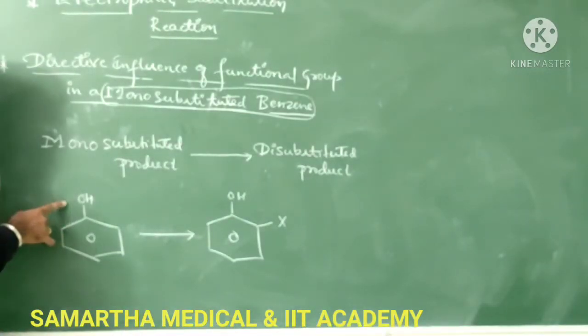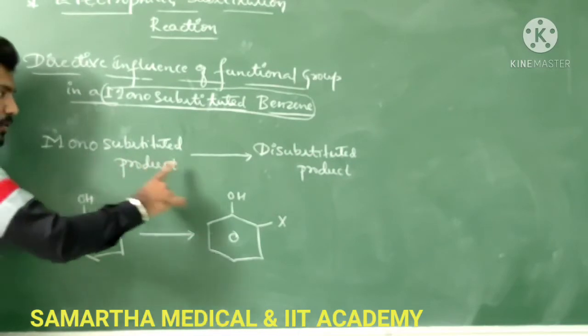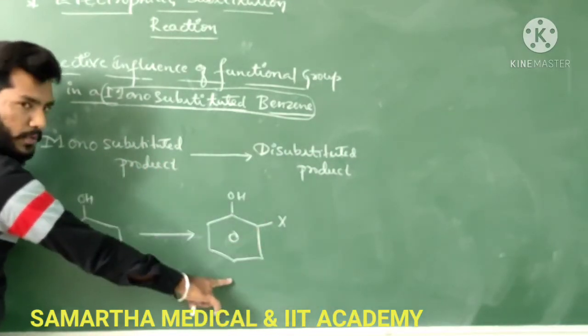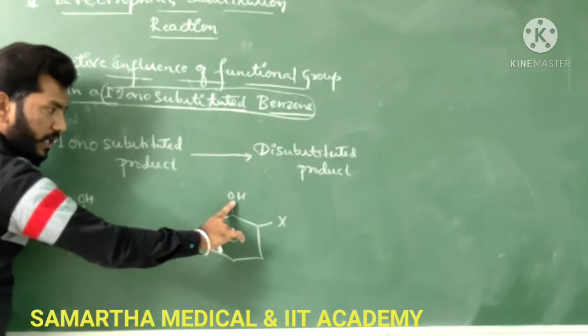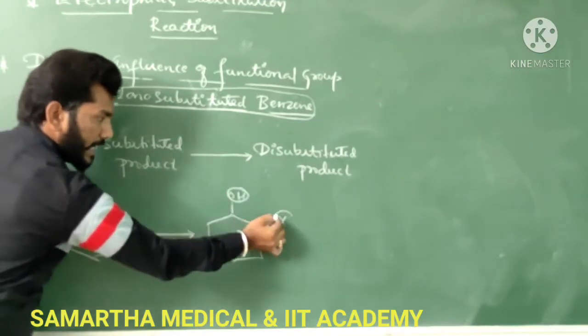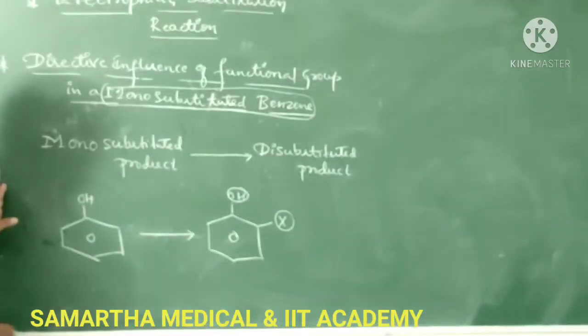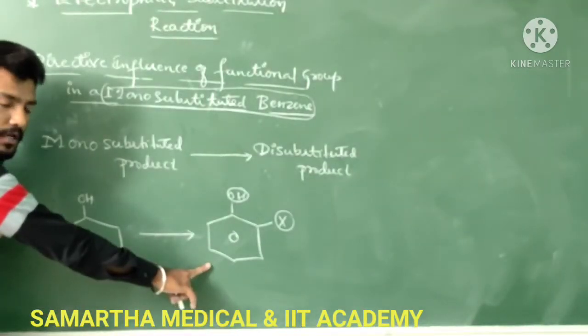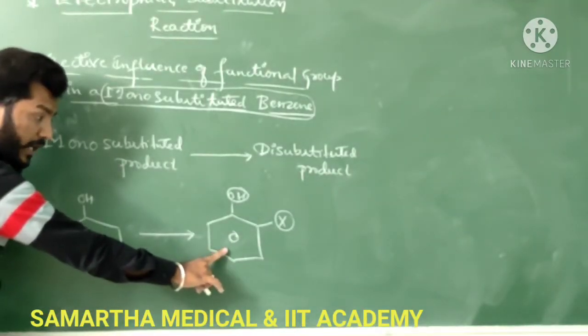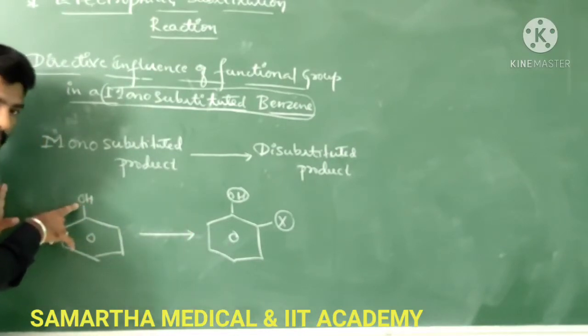The monosubstituted product is converted into a disubstituted product. Here the OH group is there, and X might be any particular group. It is a disubstituted product, but it depends on this particular group.